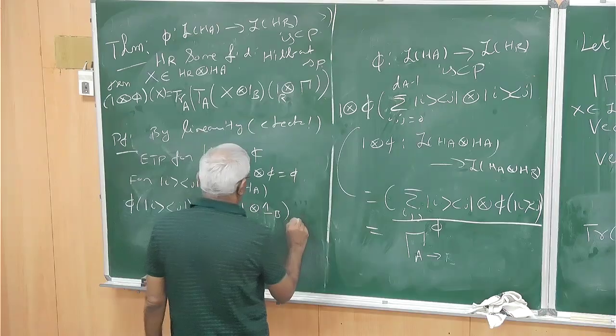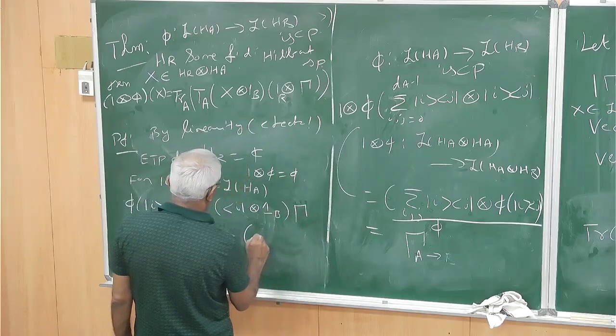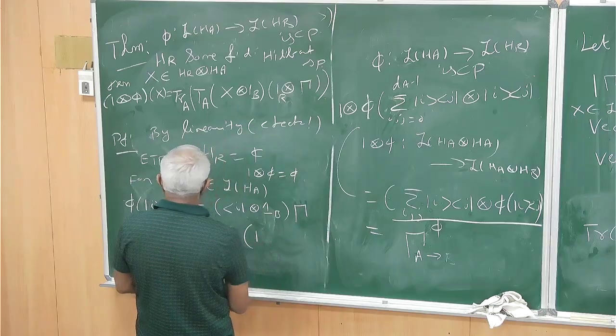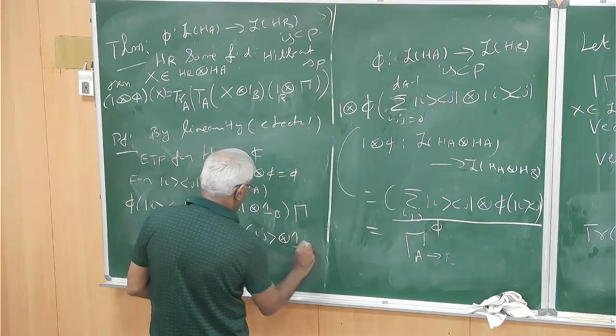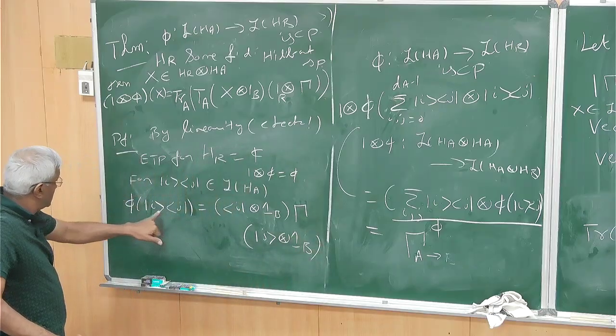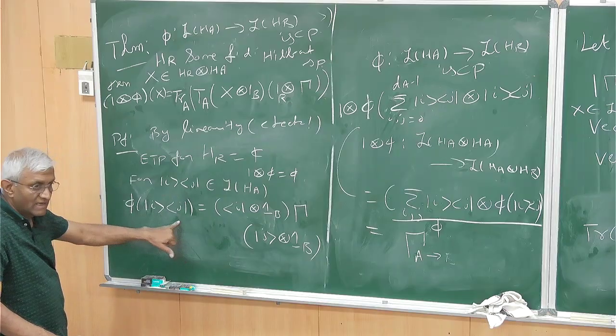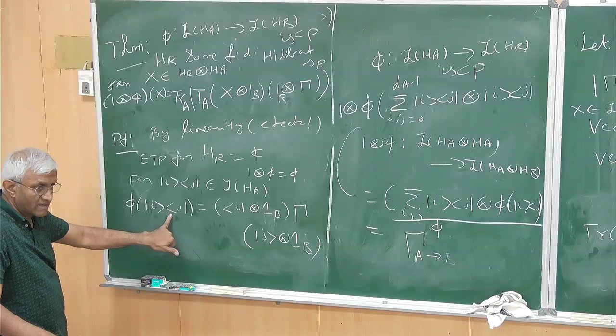Then this gamma, then j tensor 1. You want to consider this matrix product.